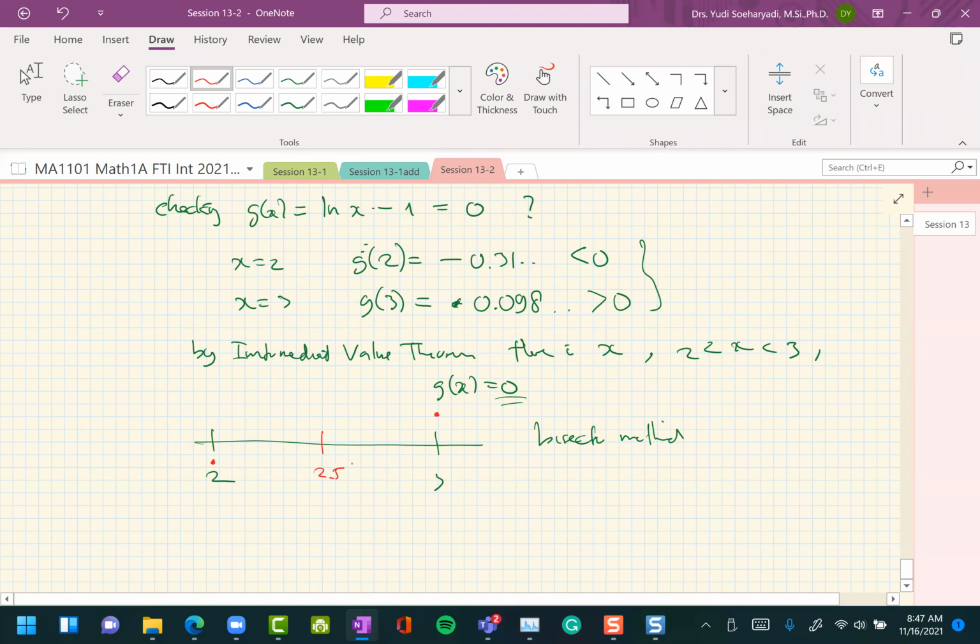Use 2.5, for example. Check 2.5. Minus 1, you get negative.